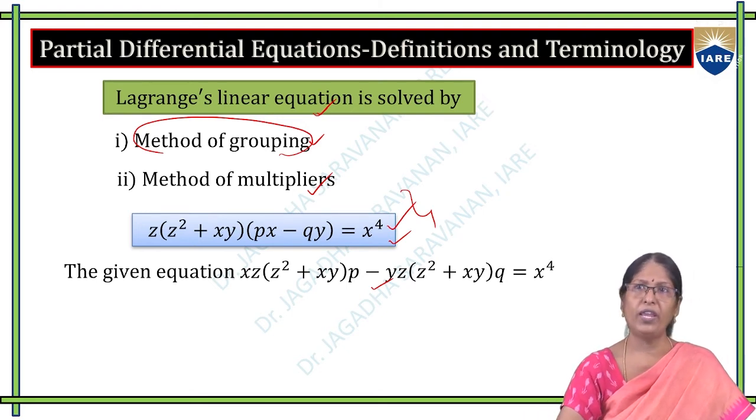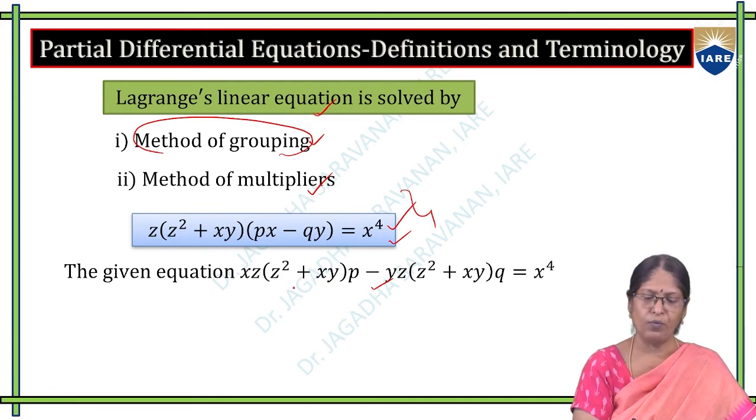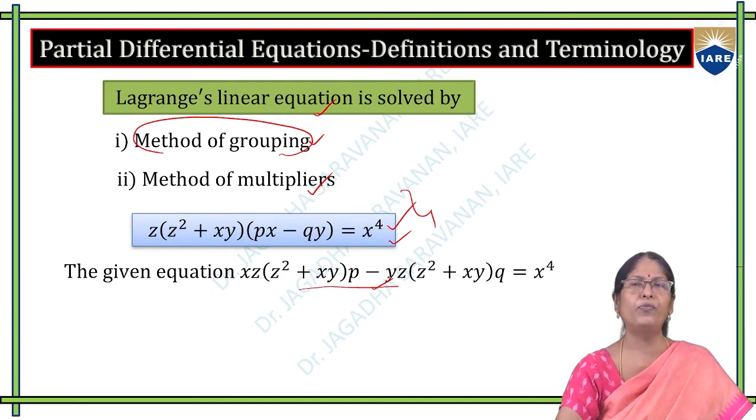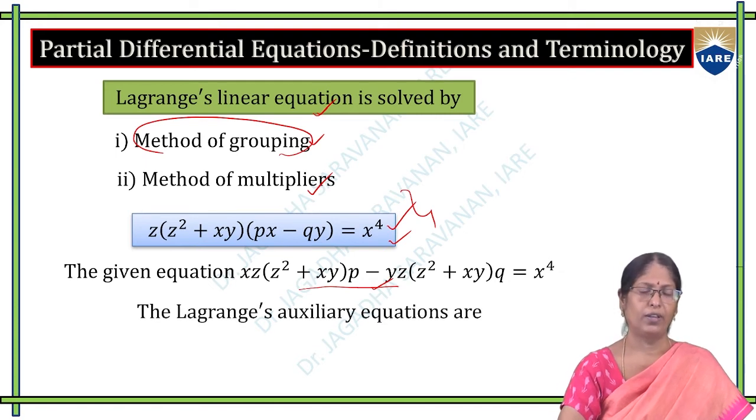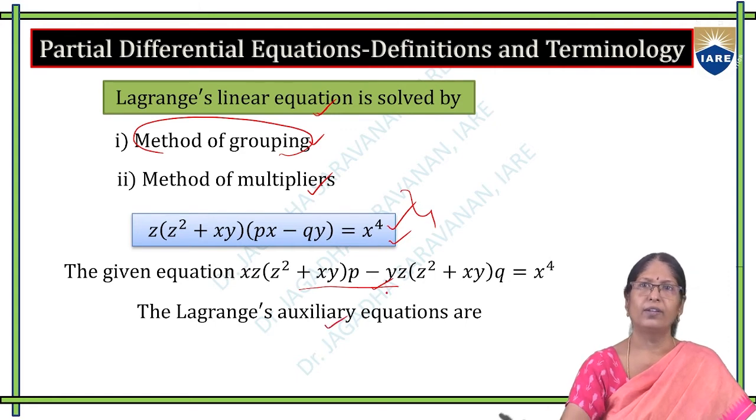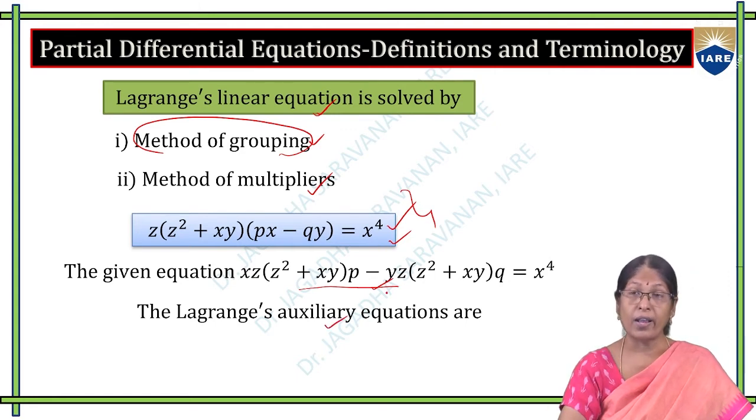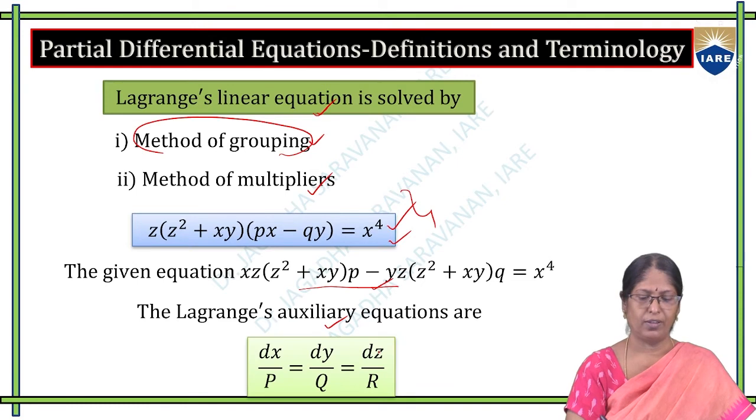Now, for the given equation, we made some simplifications to bring it into the Lagrange's linear equation format. Then come the Lagrange's auxiliary equations. We check whether it fits Lagrange's linear equation.